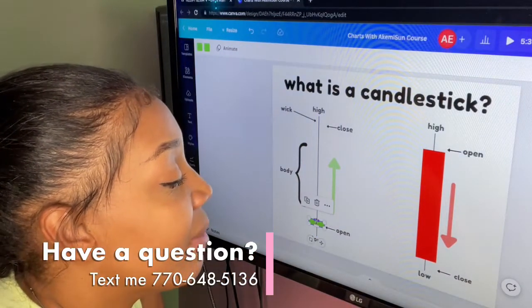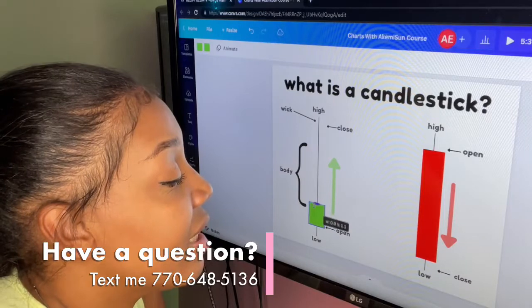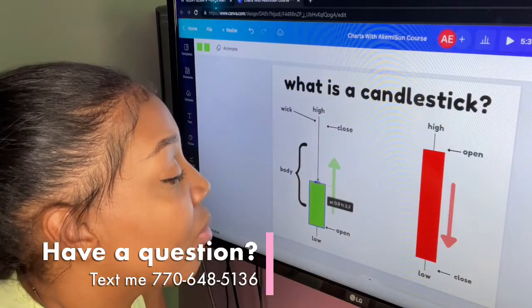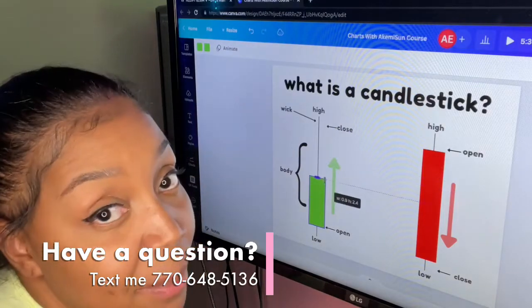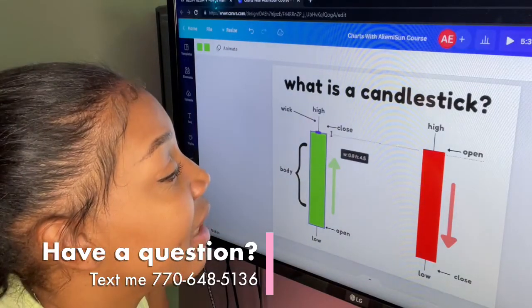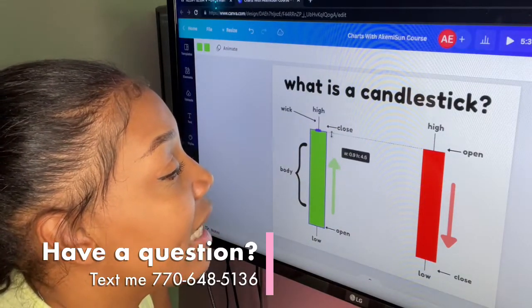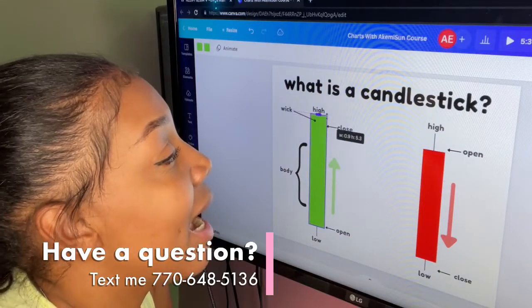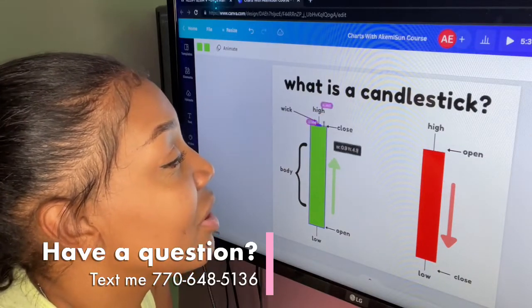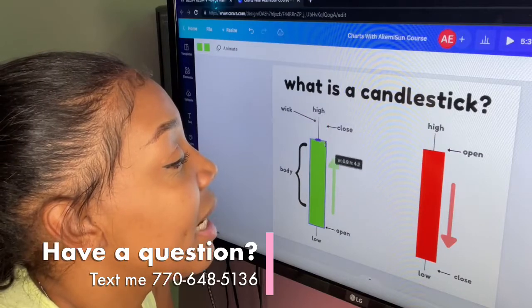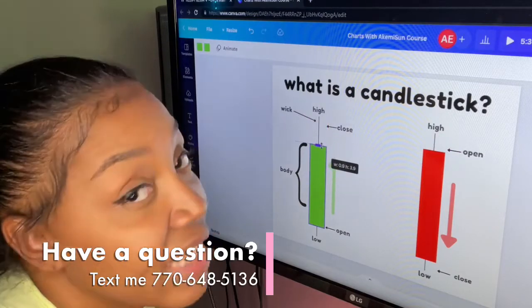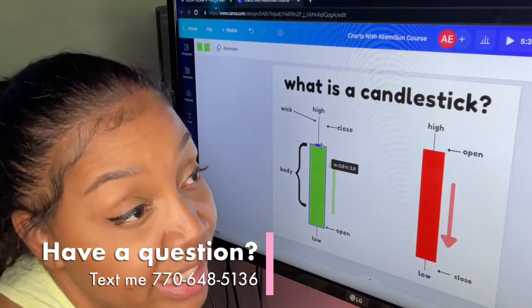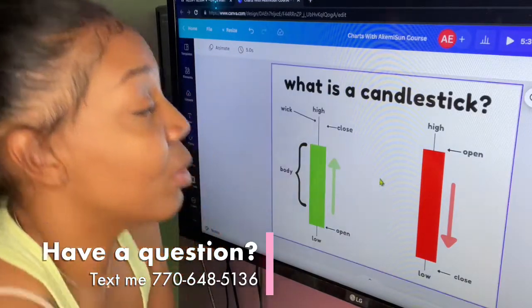As the candlestick starts to grow and get more buyers and more activity, it's going to give you that high. It's going to tell you how high that candle went. And then when the candlestick is done and it's time to move on to the next candlestick, the candlestick will close.